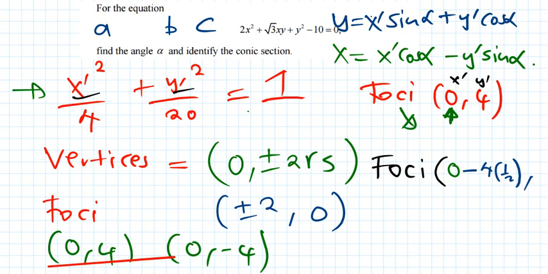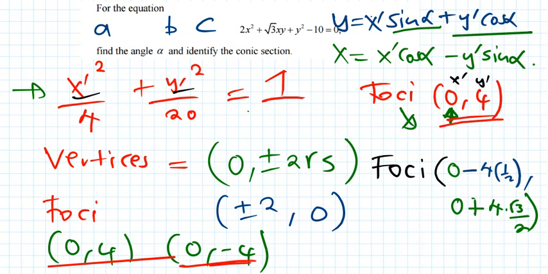So what is our x prime? x in this case still remains a 0, and then sine pi over 6, which is half, will still be a 0. Now that part plus y prime, which is a 4, and then cosine of the angle, cosine 30 is what? Root 3 over 2. So that's how you're going to find the first coordinate of the foci, 0, 4.